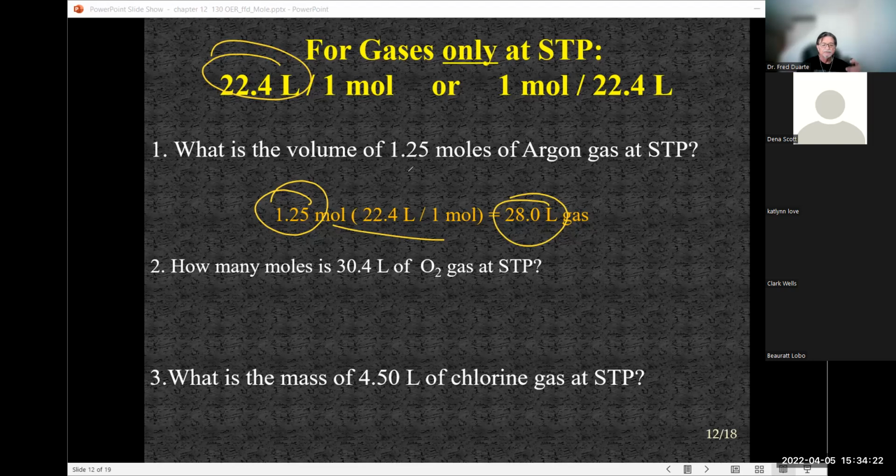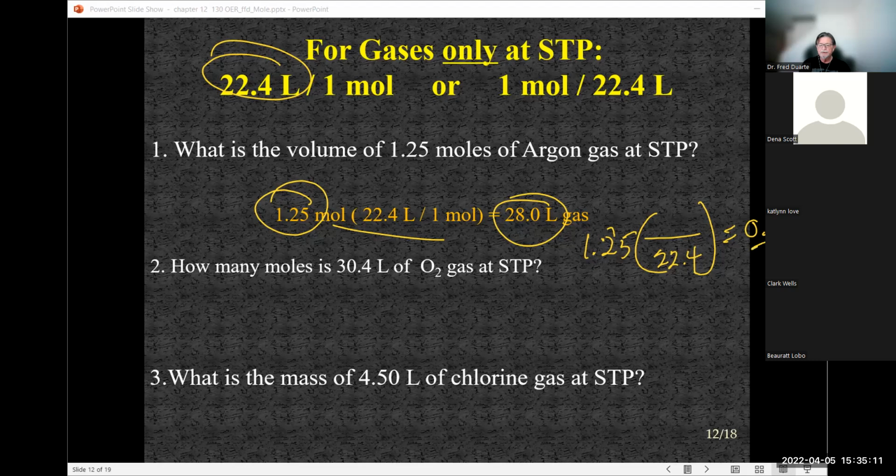Does that make sense? If you were to divide by accident instead of multiply, let me see, 1.25 divided by 22.4, you would get an answer of 0.055, thinking it's liters, but you inadvertently divided by 22.4.